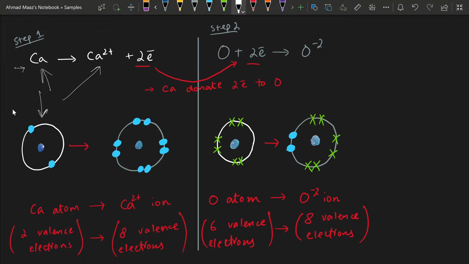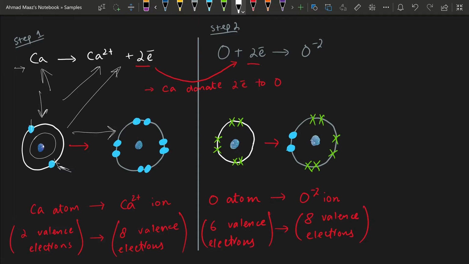When it loses these 2 electrons, the inner shell has 8 electrons and becomes the valence shell, which already has 8 electrons after losing 2.